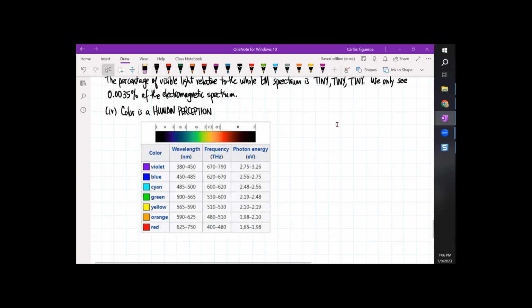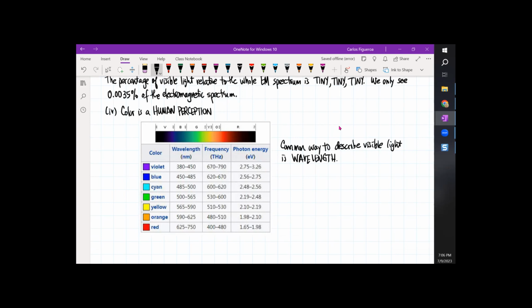That's not what happens. So the common way to describe visible light is wavelength. You're going to see that describing light as wavelength becomes a major problem.